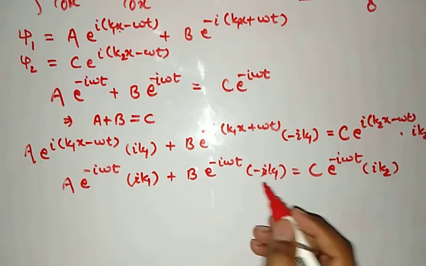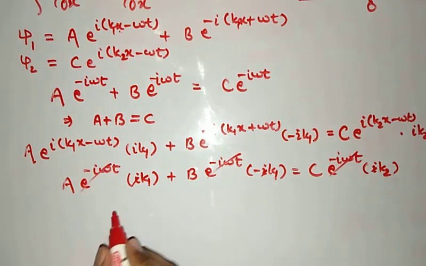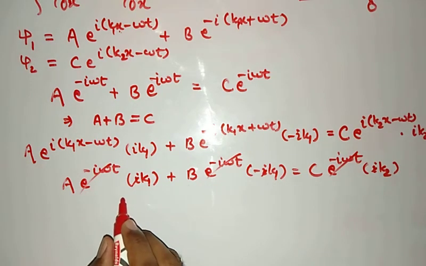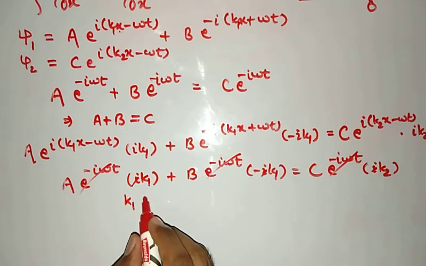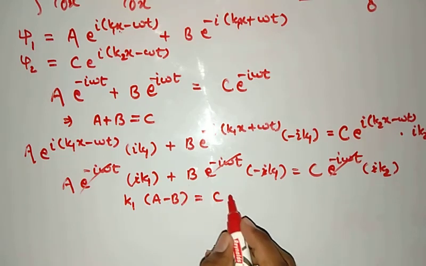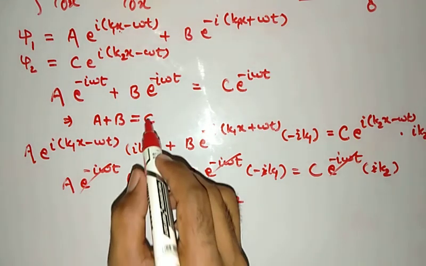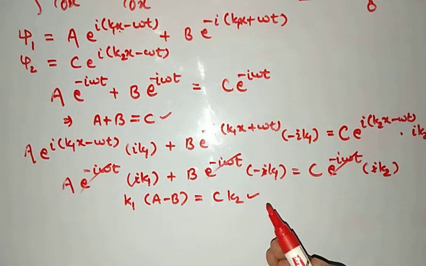Now i will be cancelled out, and minus i omega t also. What we have now: take k1 common, k1 times (A minus B) is equal to C k2. Now using this relation and this relation, we will find C and B in terms of A.